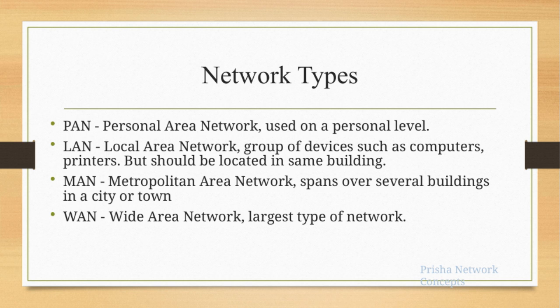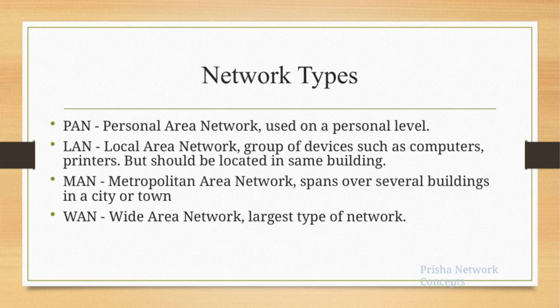Moving on, we have MAN, which stands for Metropolitan Area Network. This network covers a larger geographic area, like several buildings within a city or a town. It's often used by organizations that need to connect multiple offices across a city, providing high-speed communication over a broader area. Finally, there's WAN, the Wide Area Network.